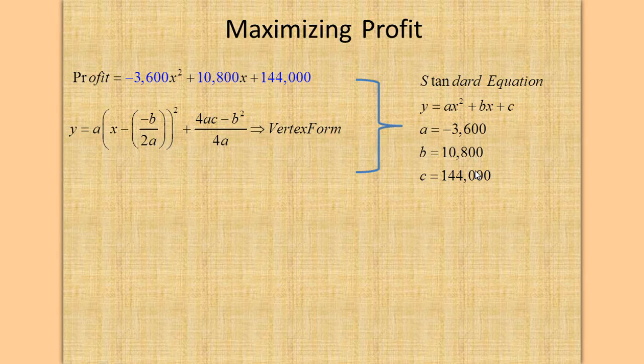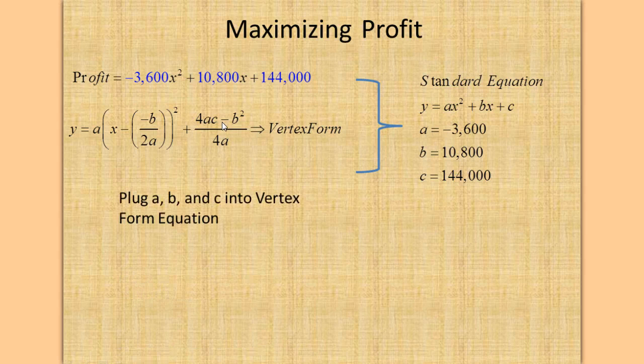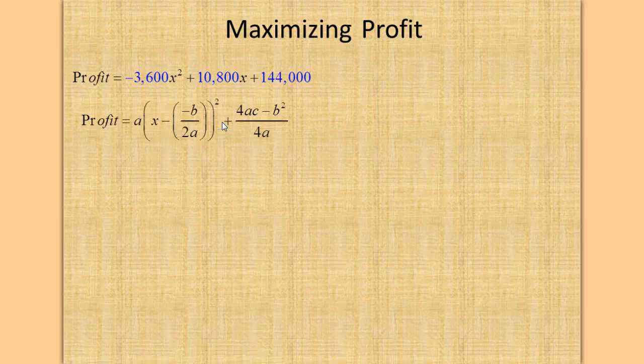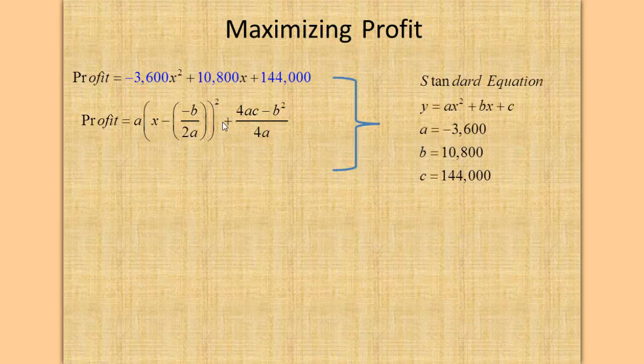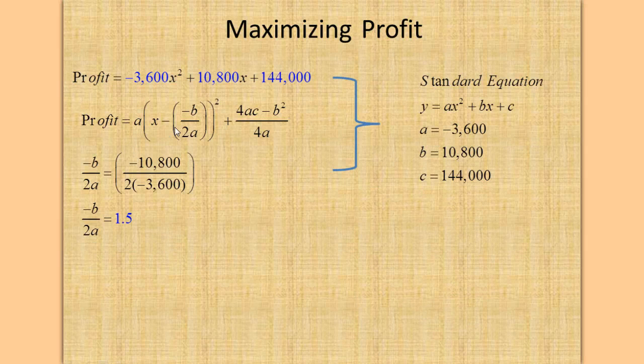If we plug all of these into the vertex equation, minus b over 2a is equal to minus 10,800 divided by 2 times minus 3,600.